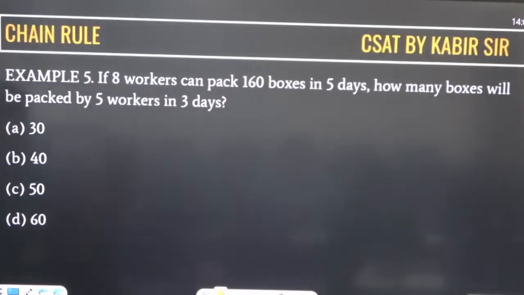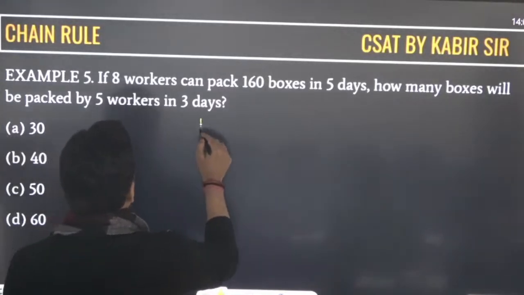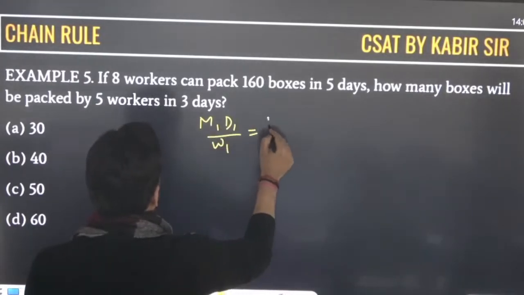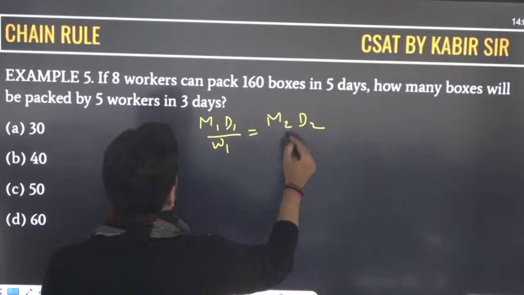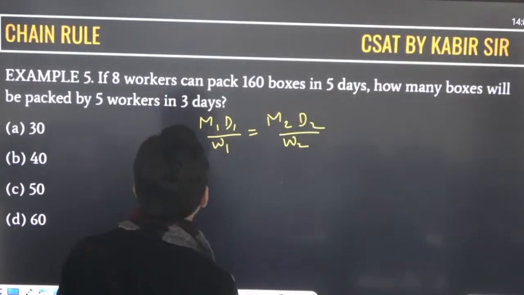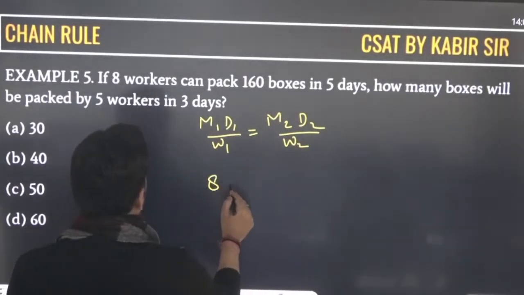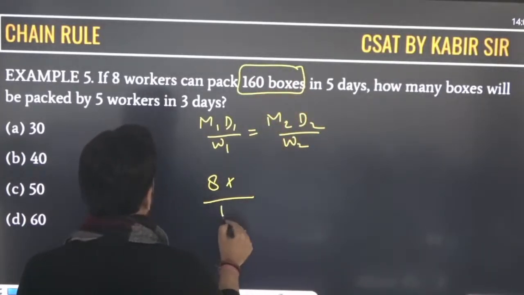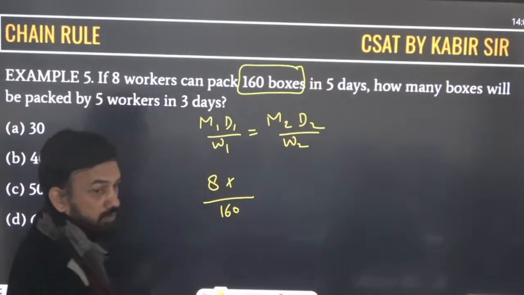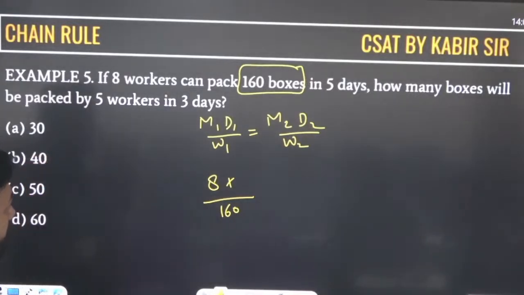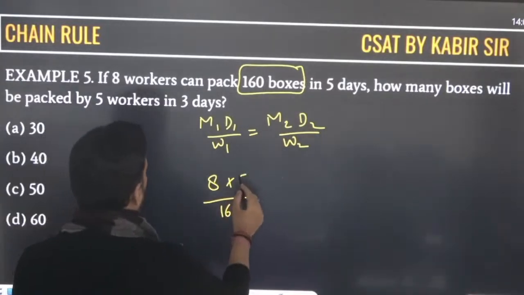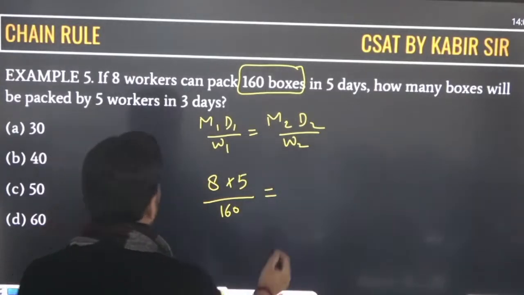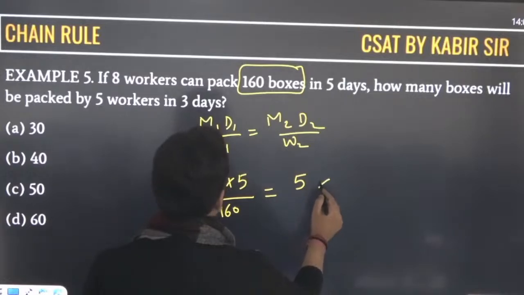So here also we will apply the same formula. M1 D1 W1 equal to M2 D2 W2. 8 workers can pack how many boxes? 160 boxes. So this is the work. How many boxes they are packing, that is the work they are doing. How many days? In 5 days. Now how many boxes will be packed by 5 workers in 3 days?